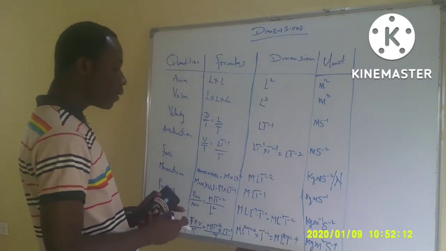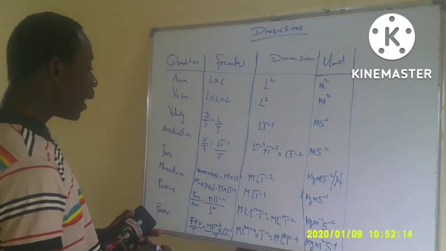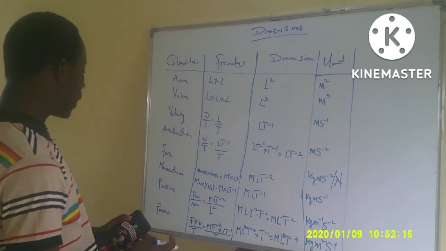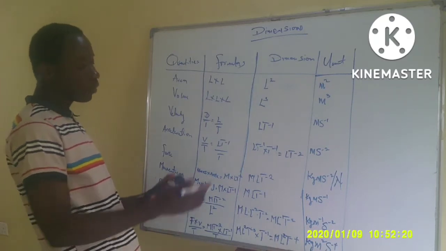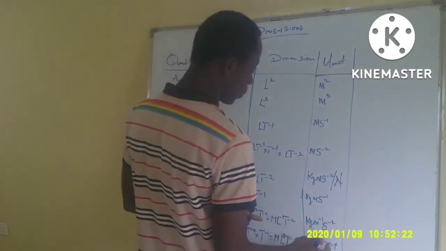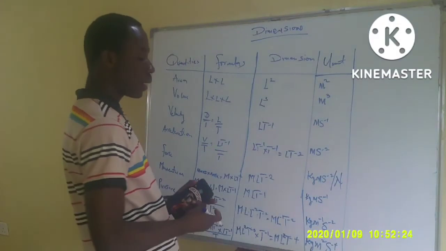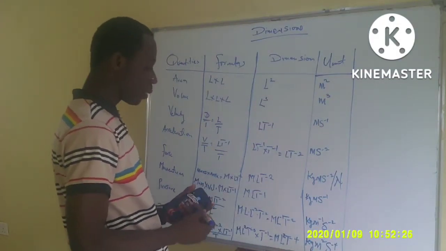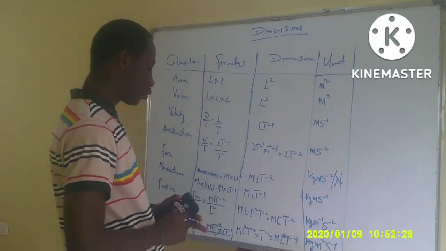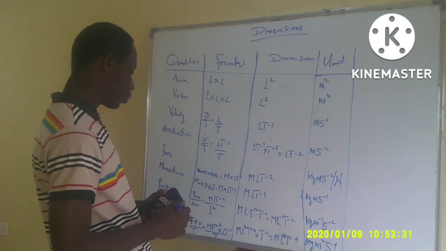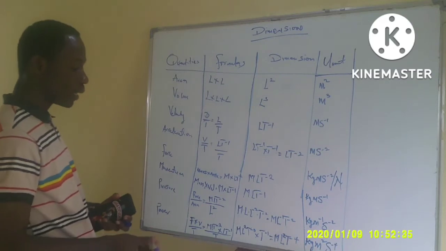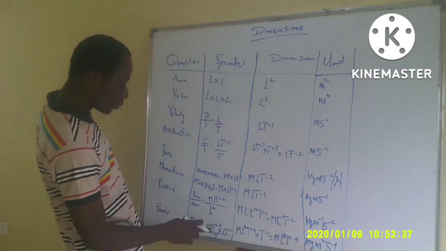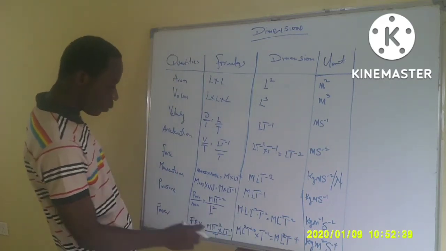Now, if you can remember vividly, another unit for power is joules per second, isn't it? But there is no way we can actually evaluate this, so let's leave it the way it is now as kilogram meter squared per second raised to what? Minus 4. Sorry, a mistake was made earlier on. This is actually T raised to minus 2, which is the time.